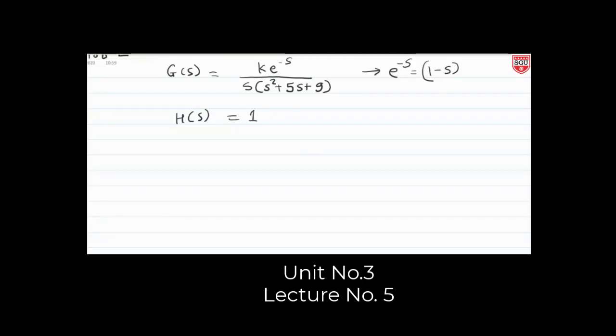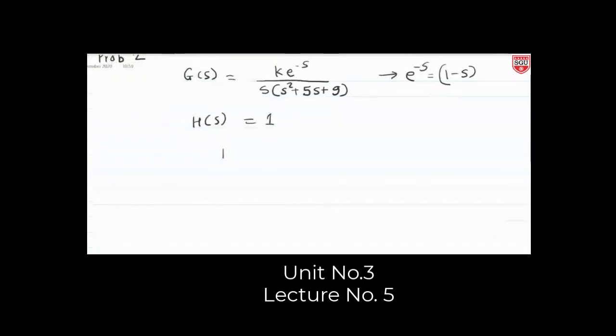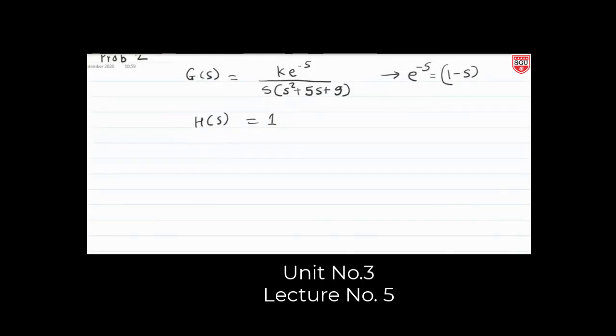So the characteristic equation of this will be 1. How are we writing the transfer function? Suppose this is G of s and it has unit feedback, that is H of s. So in this system, H of s is equal to 1. G of s is given.